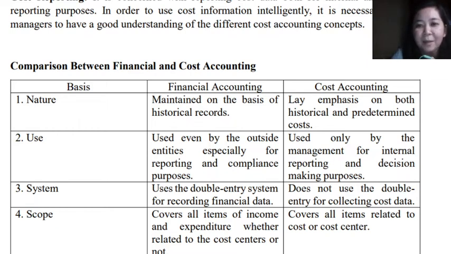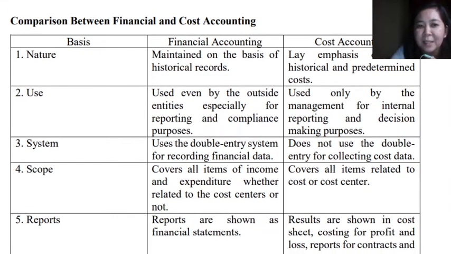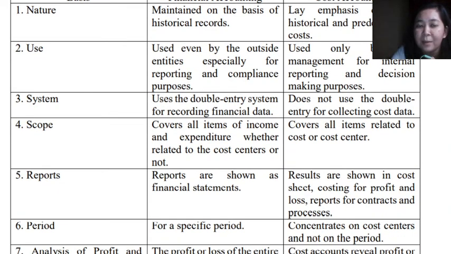So the next basis is the scope. In financial accounting, the scope covers all the items of income and expenditure, whether they are related to cost centers or not.